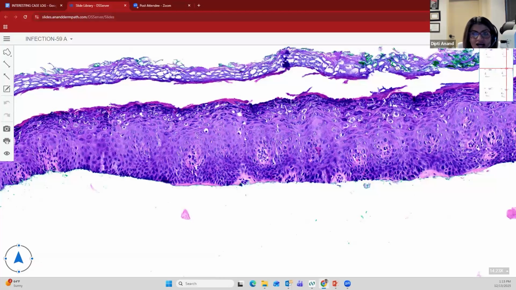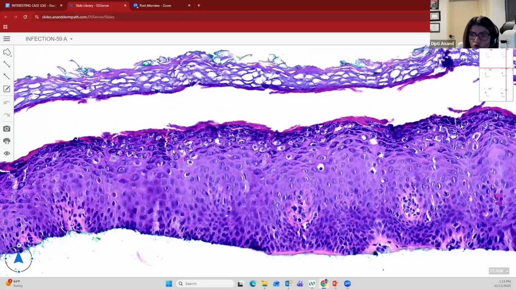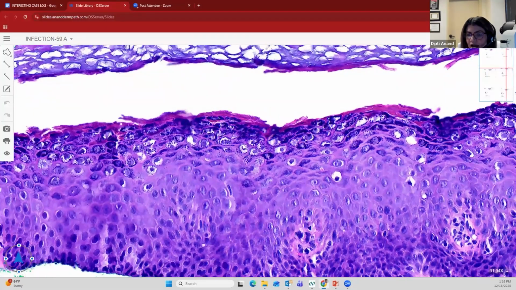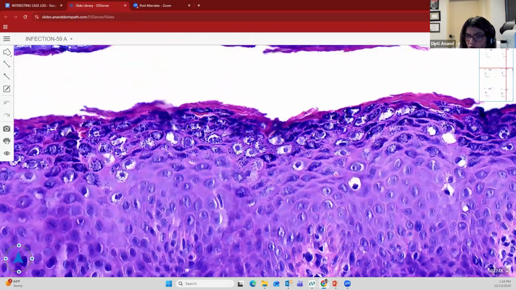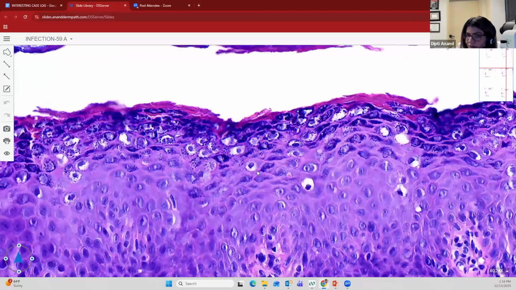Notice here that the stratum corneum is artifactually lifted, which it can be. It is not a blistering disease. So this is very easy to recognize, but it can be a misleading slide. And what you're seeing is a flat wart, so there is no verrucous hyperplasia, but you're looking for the same fisheye, the same hypergranulosis, the same clumped keratohyalin granules with perinuclear vacuoles around them. So that is verruca plana.